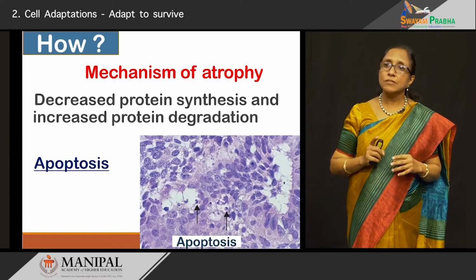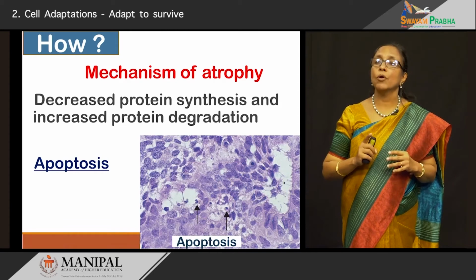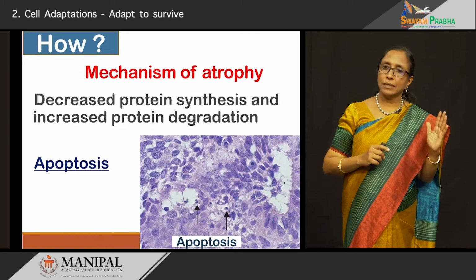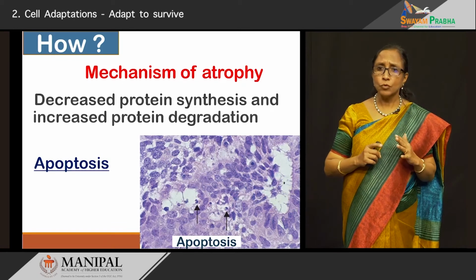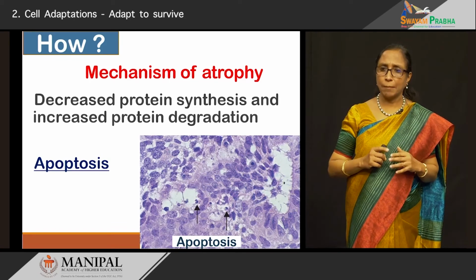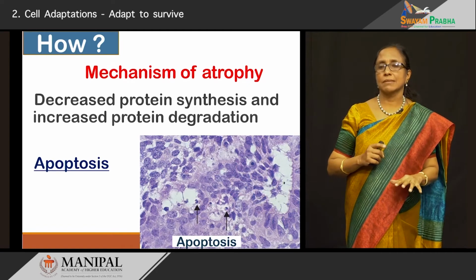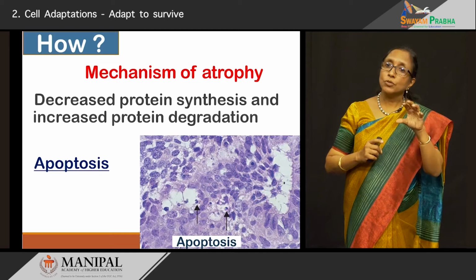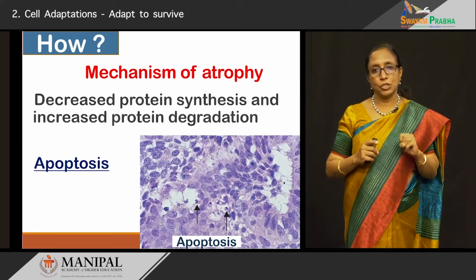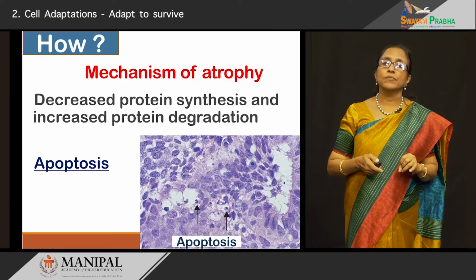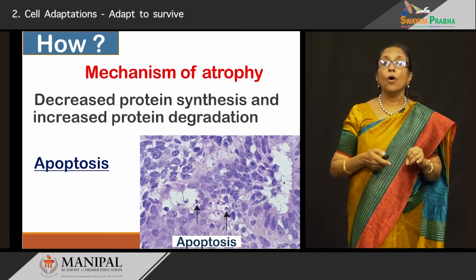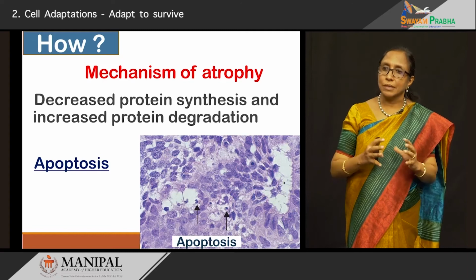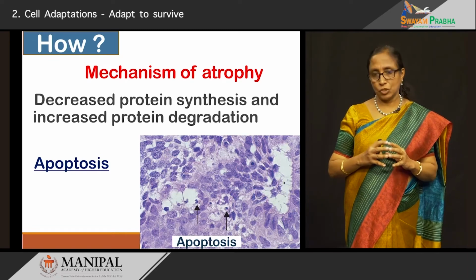Before that, let us look at the mechanism, or how atrophy occurs. We looked at this in the other situations too. So likewise in atrophy, how does it happen? There is decrease in the size, decrease in the cells, and also shrinkage of the cells and the tissue. It can be because of decreased protein synthesis or increased protein breakdown. So that can cause decrease or shrinkage of the cells and the tissue.